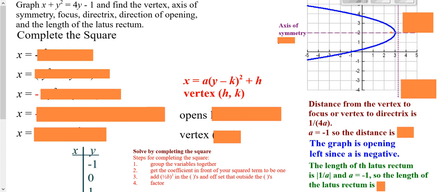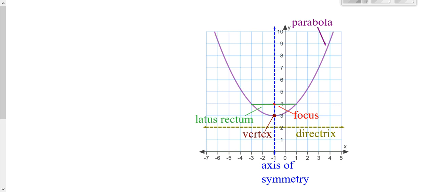Now, if you are opening sideways, then you're in this red form in the middle of the screen. So if you're opening sideways, it's going to be in one of these two forms. As a side note, if we go back here, and if you're opening up or down, you would be in this form here.